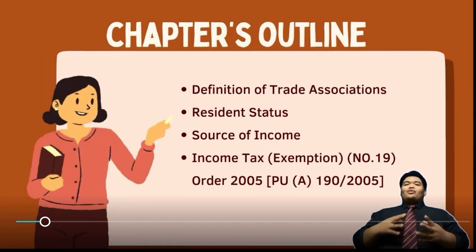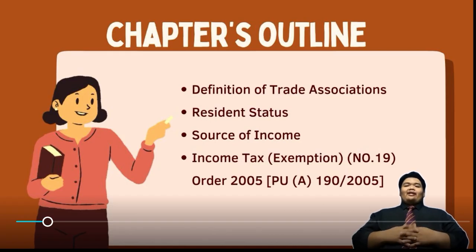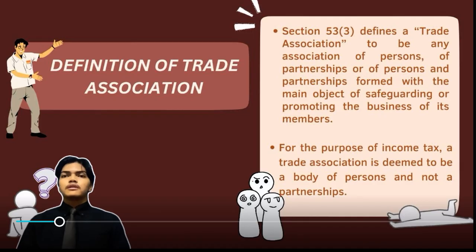To guide our discussion, we will start by understanding what a trade association is, and then determine the factors that establish a trade association's resident status. Then we will review the key income sources for trade associations, and finally, we will discuss the relevant tax exemption under the Income Tax Exemption Order 2005.